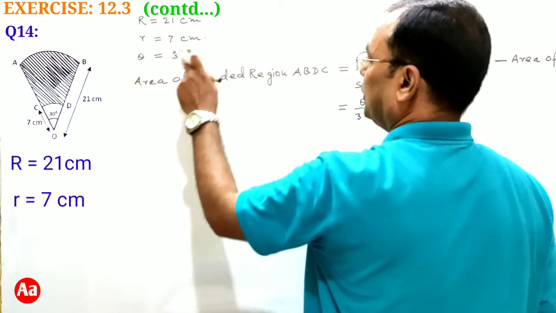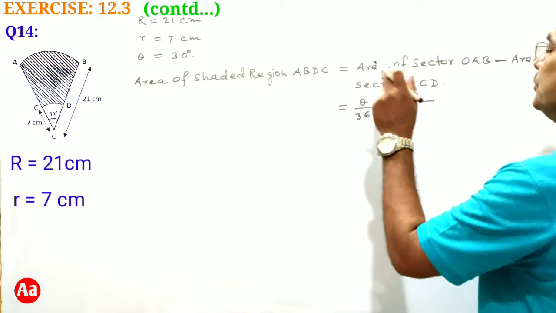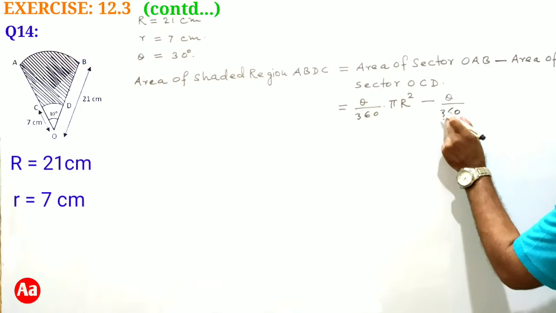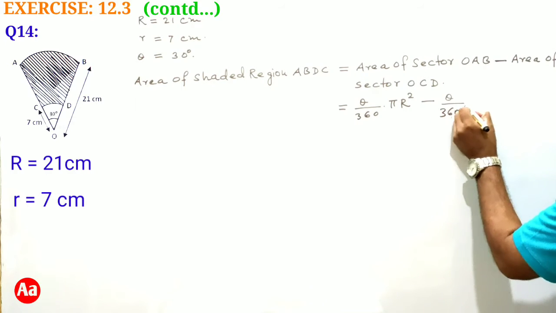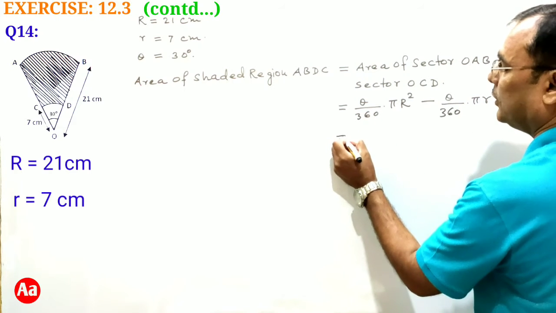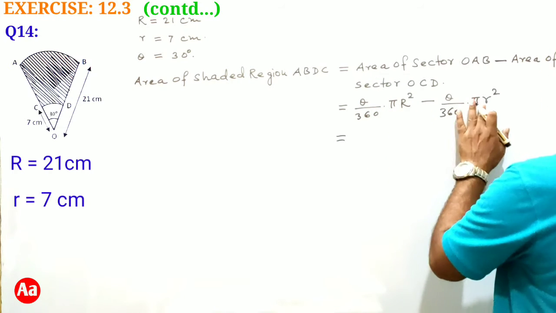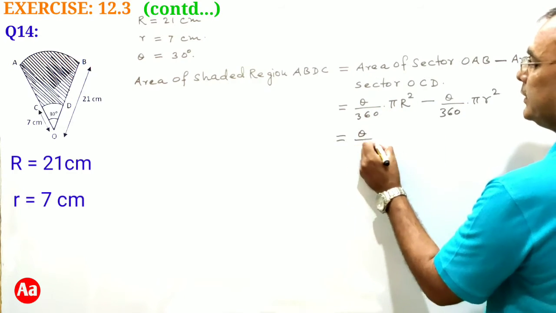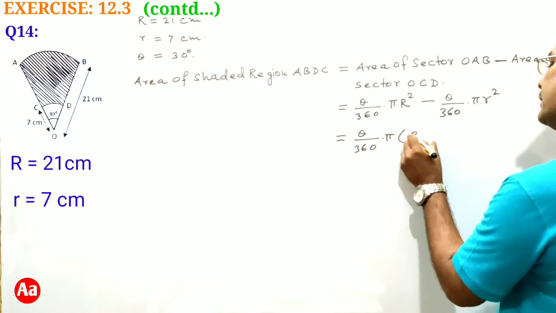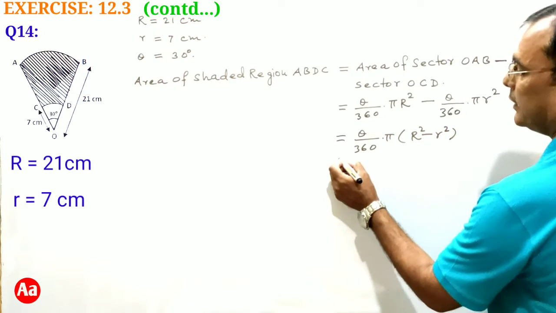Capital R we are writing for the sector of radius OAB, and theta by 360 into pi small r square for the sector of radius OCD. Theta by 360 pi, let's take common. Theta by 360 into pi, R square minus small r square.